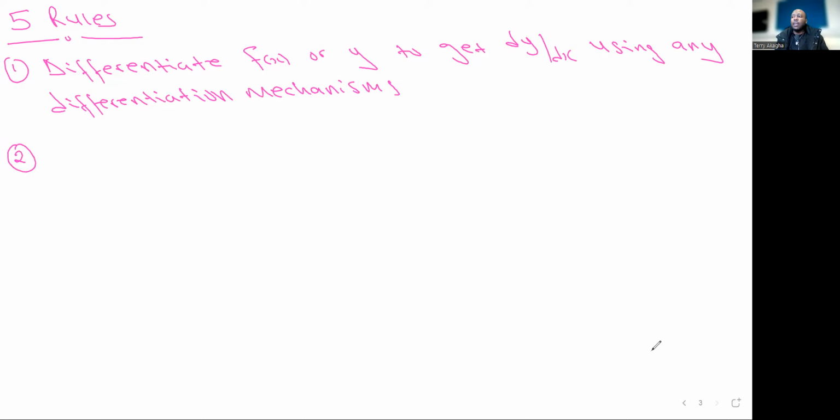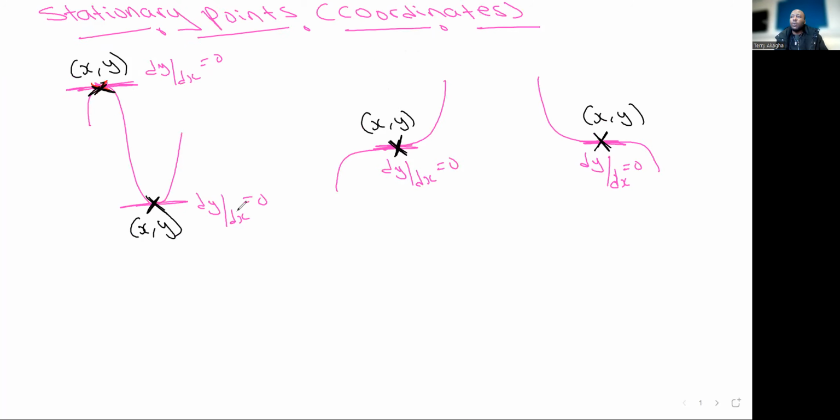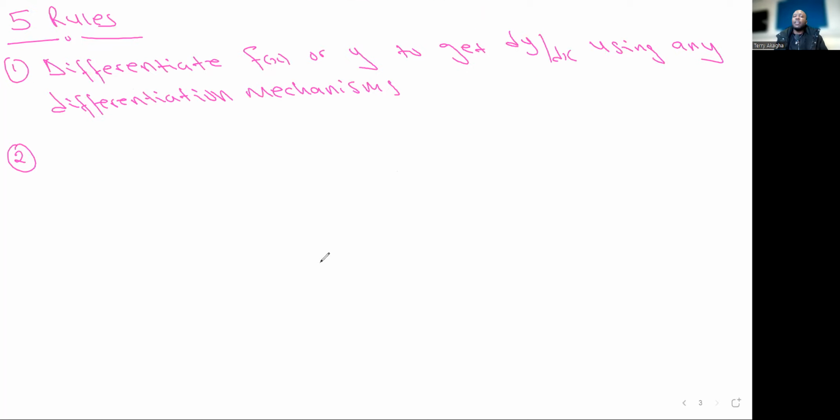Now, the second thing as well: at the stationary point, dy over dx is equal to what? 0. So that means stage 2, after differentiating, you then have to equate the derivative you got, or the result from step 1, to 0.